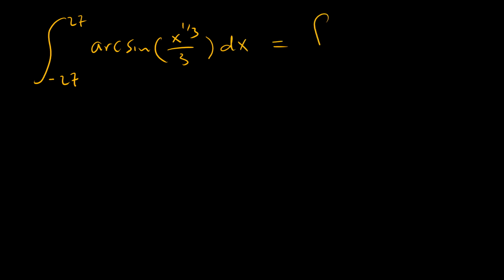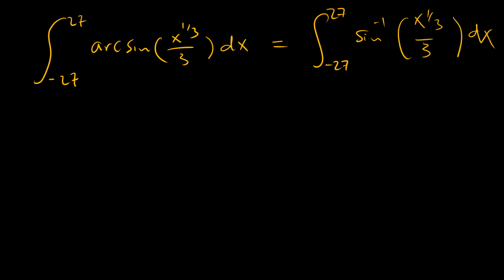Integral from x equals negative 27 to positive 27 of the arc sine of x to the power 1/3 over 3, right? You may be able to write it as something like this: x to the power 1/3 over 3.